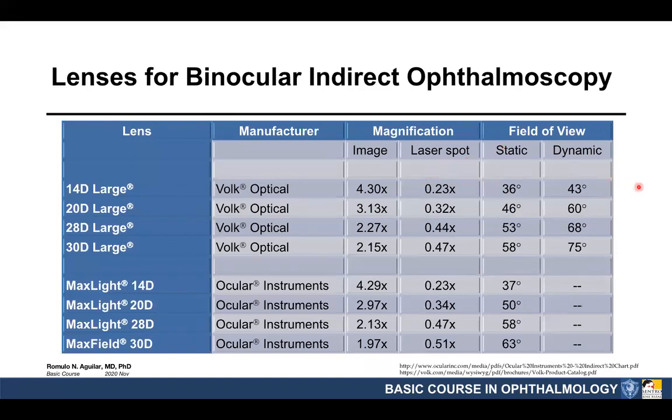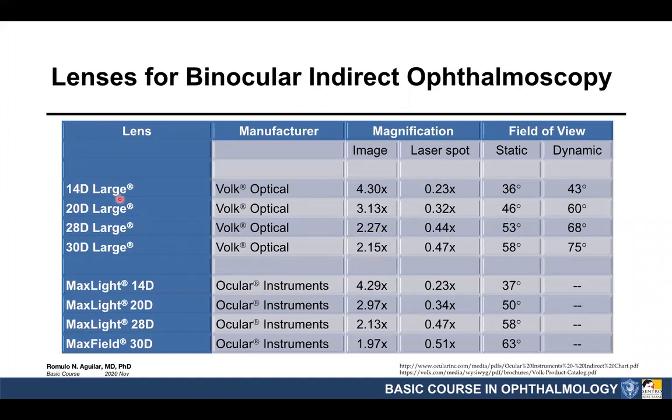So here, I tabulated the specifications of the different lenses, from your 14 diopter to the 30 diopter. There are two favored manufacturers of these lenses, your VOC Optical and Ocular Instruments. There are other brands, but these are the more popular ones.